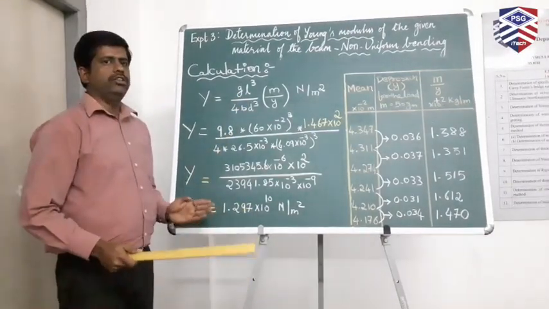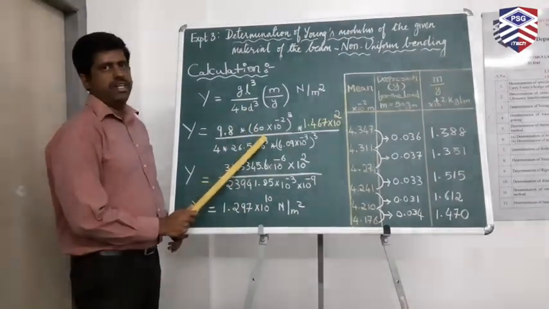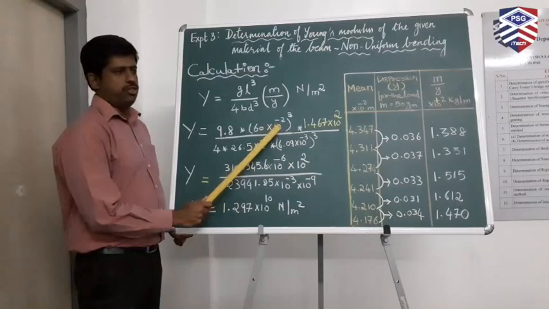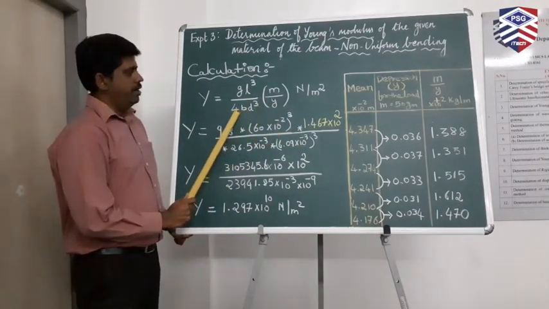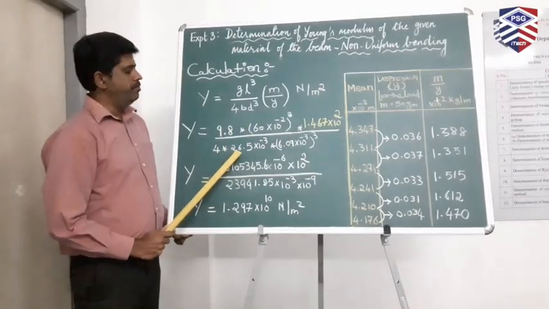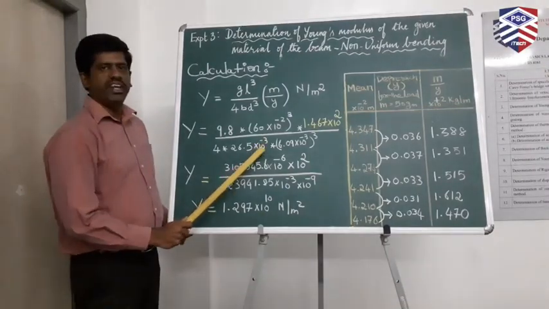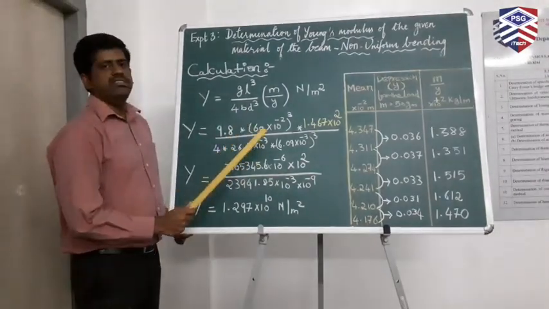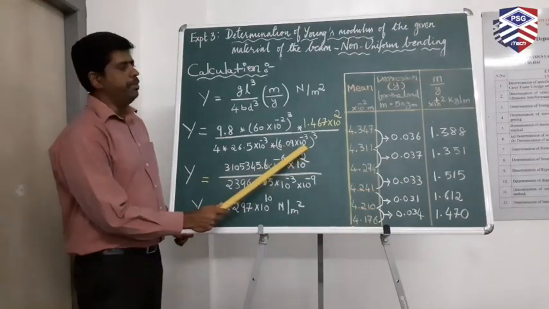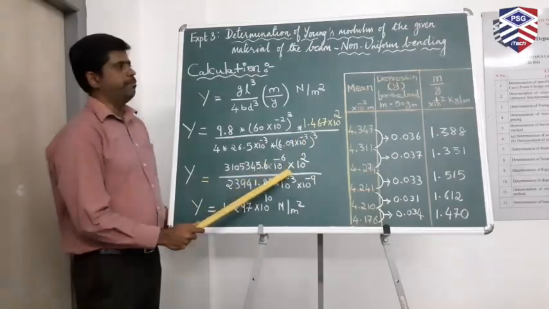L is the length of the beam between the knife edges, which is 60 centimeters, since it is 10 to the power minus 2 meters, and b is the breadth of the beam, which is 26.5 millimeters into 10 to the power minus 3, and d is the thickness of the beam, which is 6.09 millimeters, represented as 10 to the power minus 3.